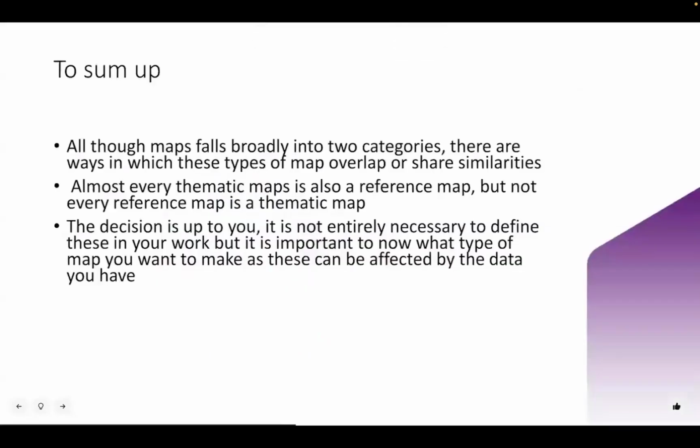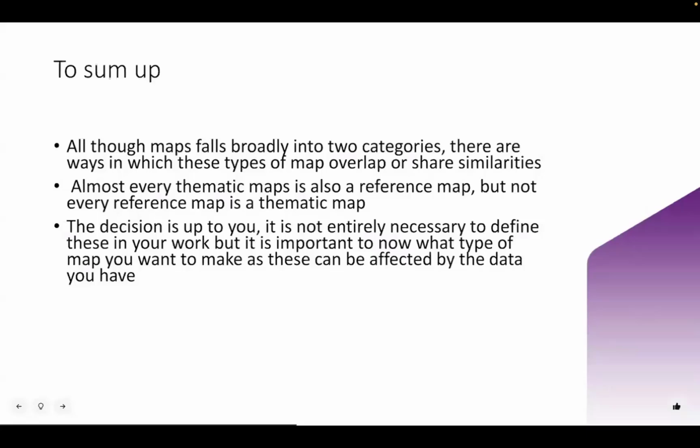So just to sum up, although maps fall broadly into these two categories, there are ways in which these types of map overlap or share similarities. And the way I like to understand this is that every thematic map is a reference map in that it includes that underlying base layer of information about the physical environment, but not every reference map is a thematic map.